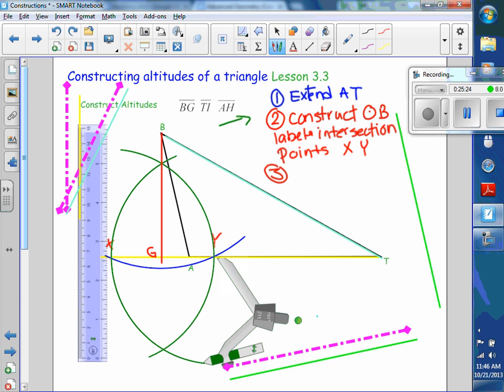So my step 3 was construct a perpendicular bisector of XY again. And then step 4 is draw BG.